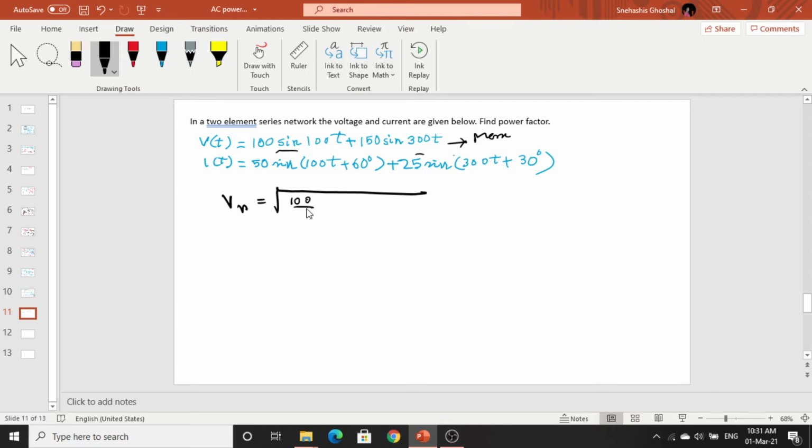So 100 by root 2 whole square, 150 by root 2 square, individual RMS values squared, take their summation, then take a whole root over. So half into 100 square plus 150 square, whole root over, calculation yields that it will be 127.47 volt.